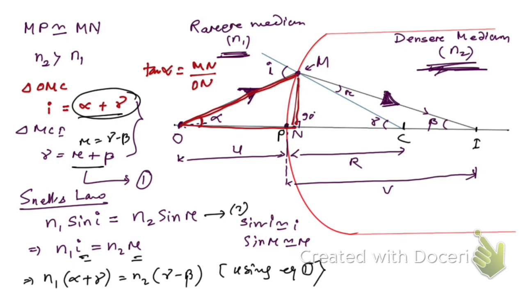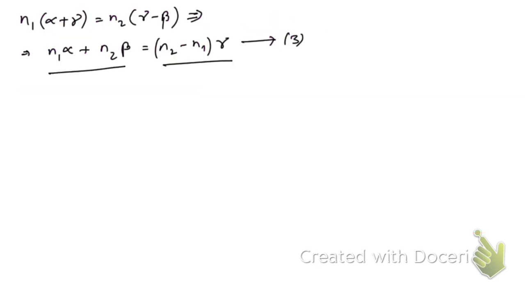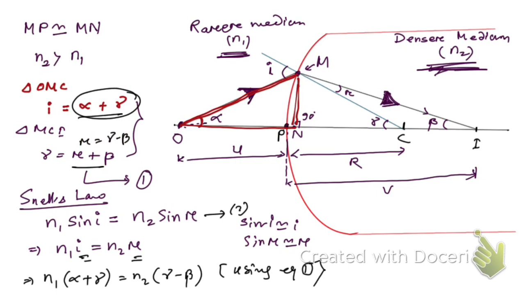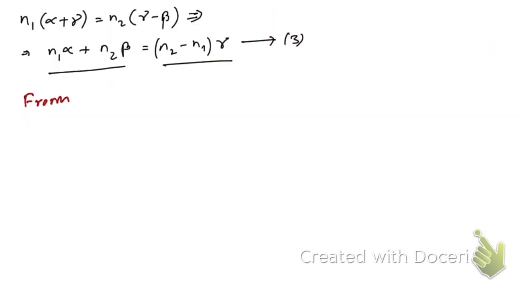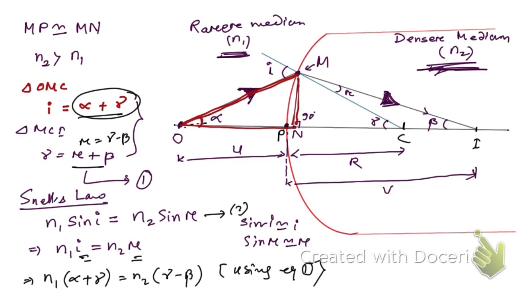Let me copy this and go to the new slide. From triangle MON, we have got tan alpha is equal to MN by ON. Similarly, from triangle MCN, now take this triangle.